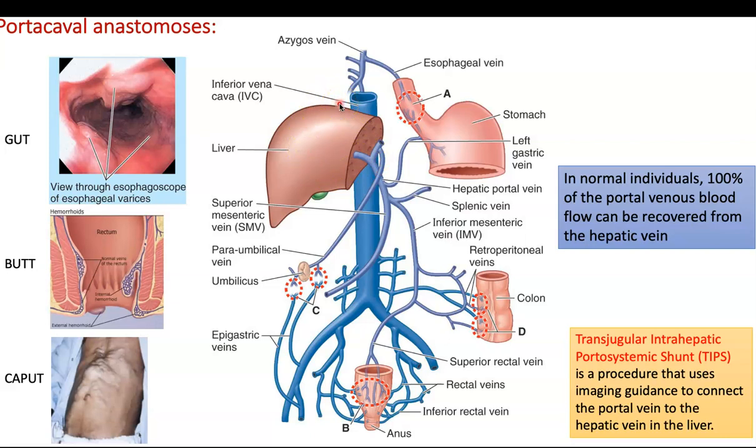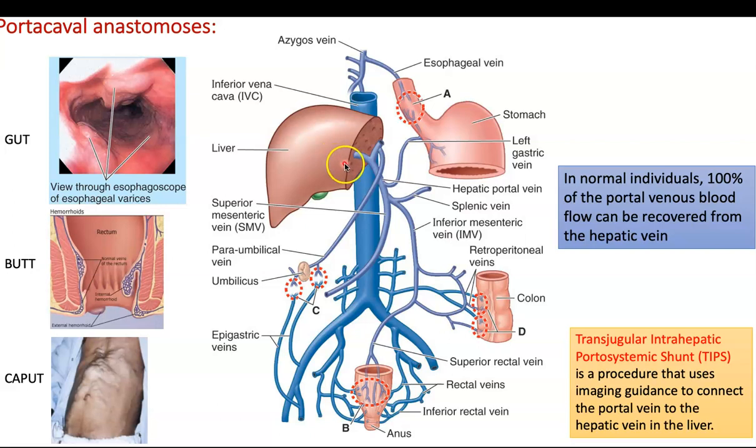But one problem with that is that we don't want blood to bypass the liver, because the blood flow through the liver serves a very important purpose. As we absorb the end products of digestion from the GI tract, some toxins also are absorbed, and they also travel in the portal vein.